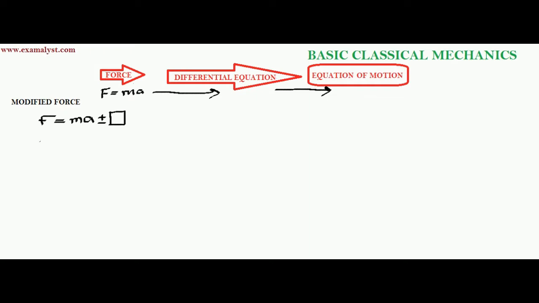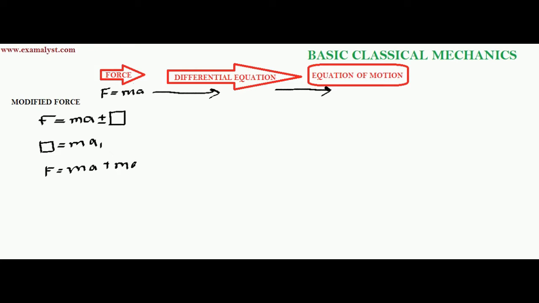If this change, represented by the box, is equal to m a1, what does this change mean? Let us see. My force under this change will become mass into acceleration plus m a1.